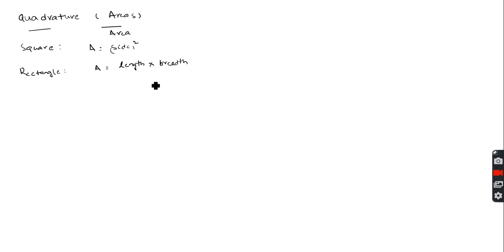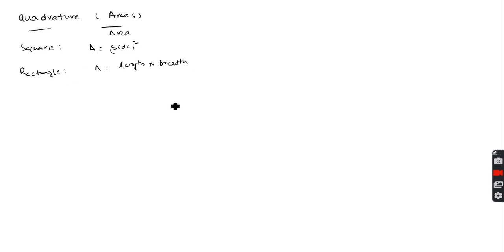That means if we have standard shapes, then we have a standard formula. Like for a square we have side square, and for a rectangle length into breadth.